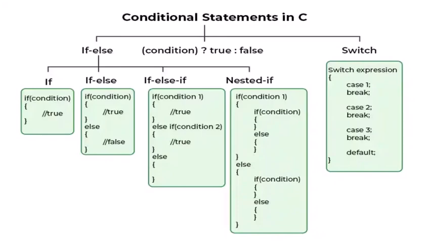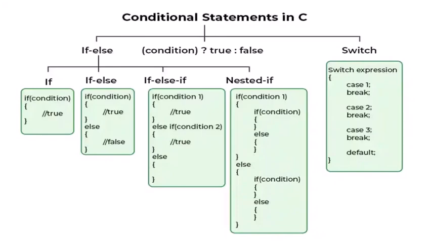Each case is followed by a constant value and a colon. The break statement prevents fall through into the next case. The default case is optional and runs if no cases match. Without break, the switch will continue executing all the next cases, which is fall through behavior.